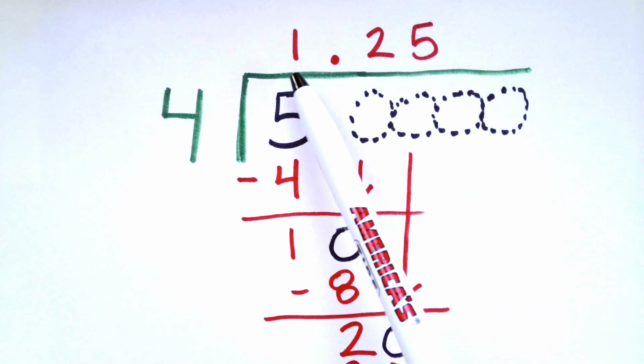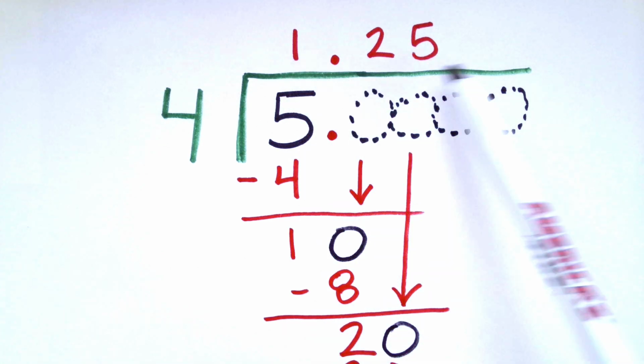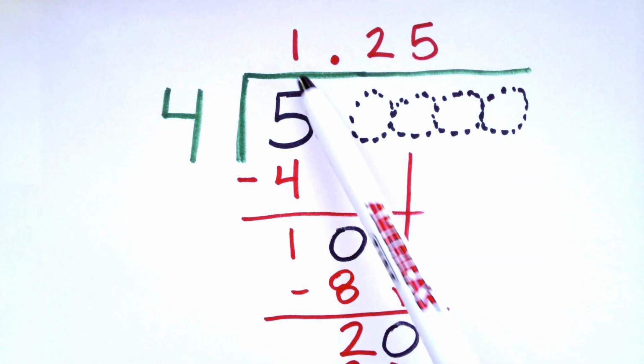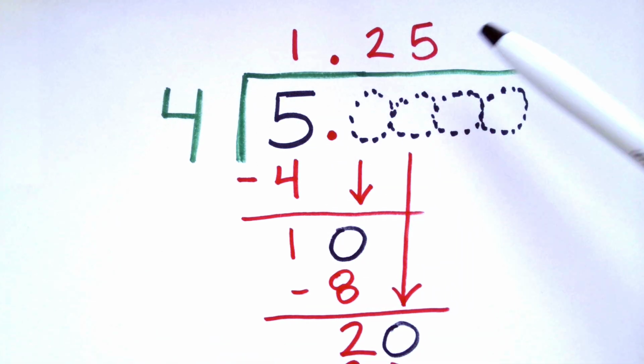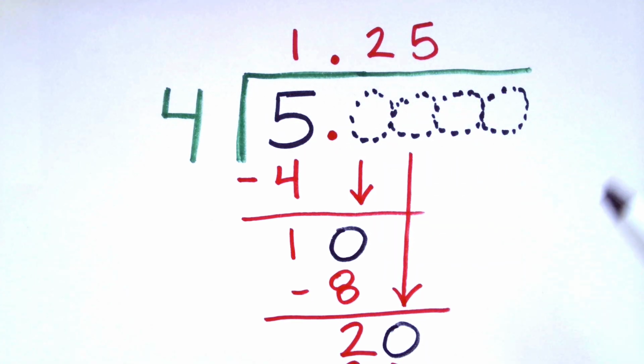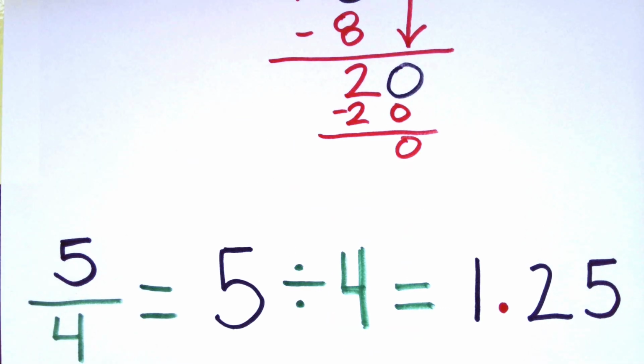So as you can see here, 5 over 4, 5/4, converted into a decimal is 1.25. Thinking about money, that's $1.25, right? All right, so you can see here, 5/4, 5 divided by 4, is equal to 1.25.